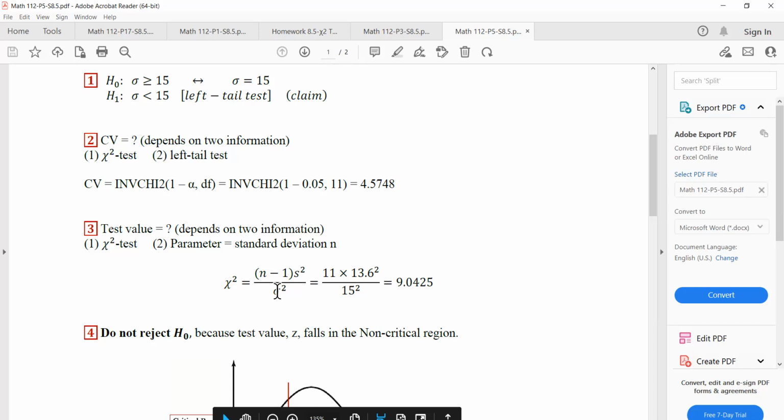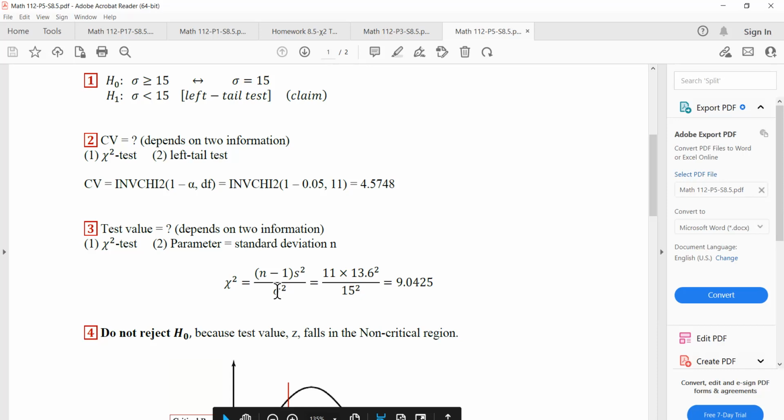You're actually using the variances in the formula because we're squaring it. She gave you S from the problem. S is 13.6, and sigma you have from the claim, from the null hypothesis.